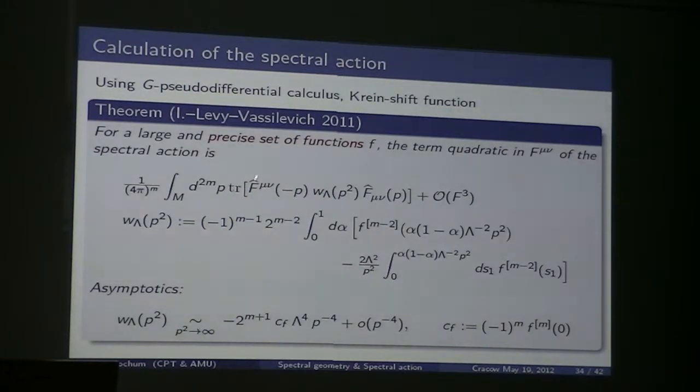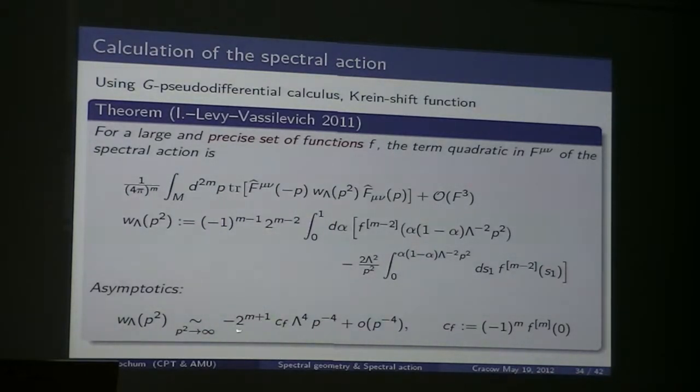It involves the Fourier transform of F mu nu, here and here, times a function depending on the momenta, and this function has an explicit formula, which is written here. It depends on F. The bracket means that it's not the derivative but the integral, and you have a precise formula, so you can compute this asymptotics, and this asymptotics is like this.